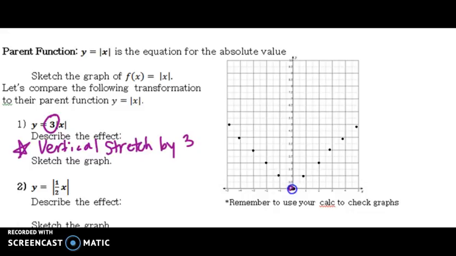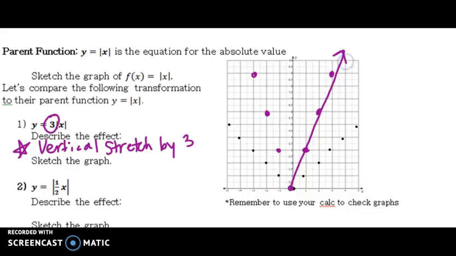So it still starts at the origin, but I'm going to go over 1, up 1, 2, 3. Over 1, up 1, 2, 3. I'm going to do that for as far as I can, and then on the other side of my axis as well. So left 1, up 3, left 1, up 3, over and over again. Okay, and then I can draw my graph.